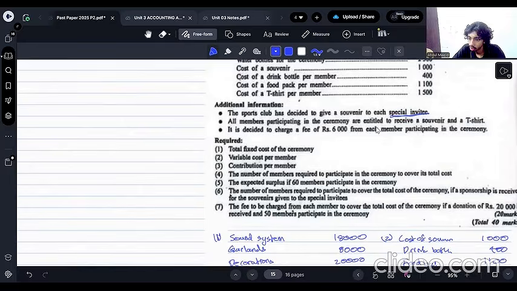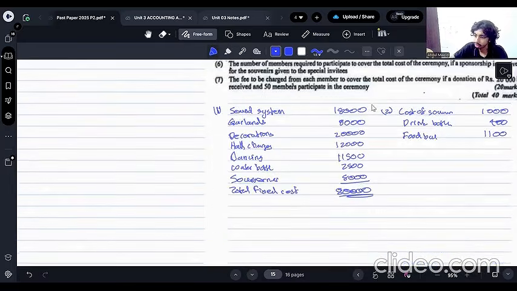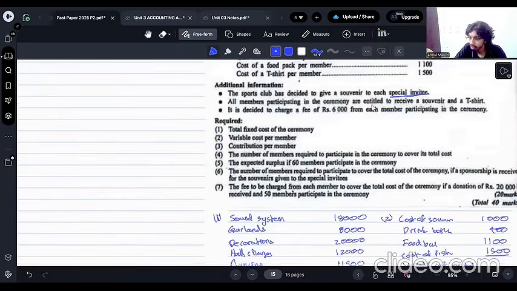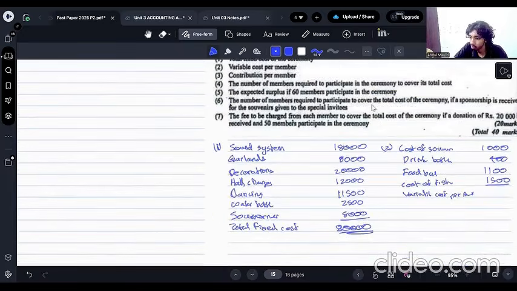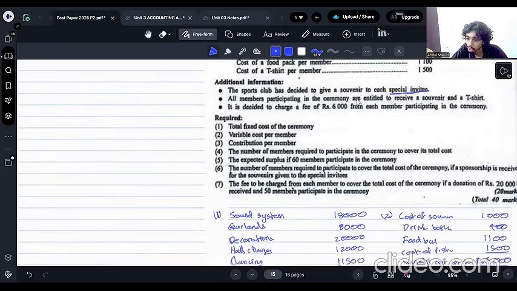And then cost of a t-shirt, 1,500. Then variable cost per member will be that in per member, right? Variable cost per member: 1,000 plus 400 plus 1,100 plus 1,500, that is 4,000 rupees. Okay. Then next, third one, contribution per member.